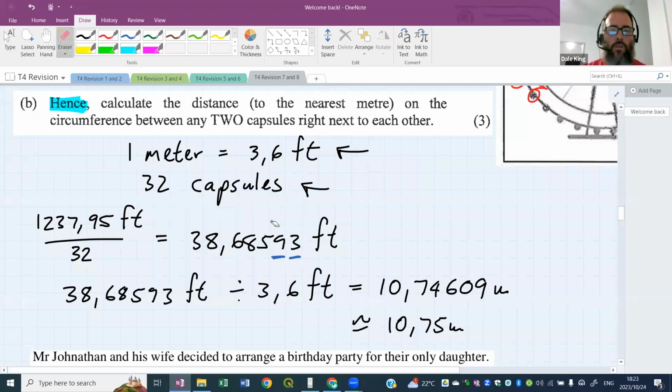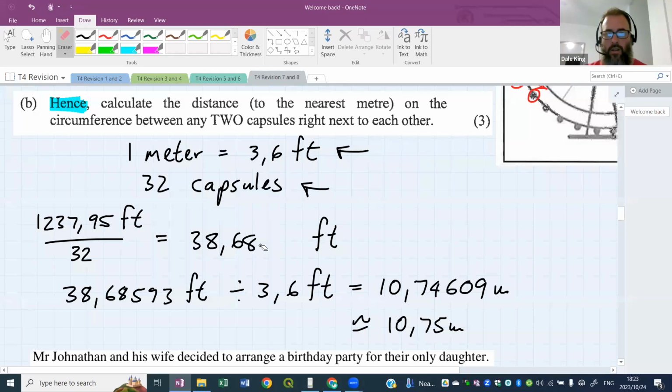So let's say you did that, or even that. Yes, there was a 5 after this 8. So if you'd done 38,6, what the marker will do is look for this 38,68 here. If you've rounded it off, they're going to say, oh, okay, he's rounded off here. I hope it doesn't mean that his answer is incorrect.